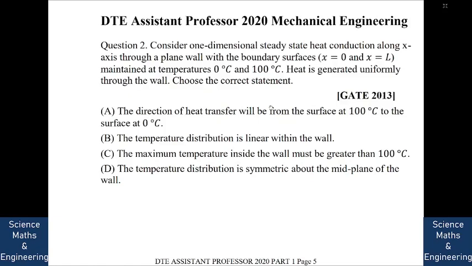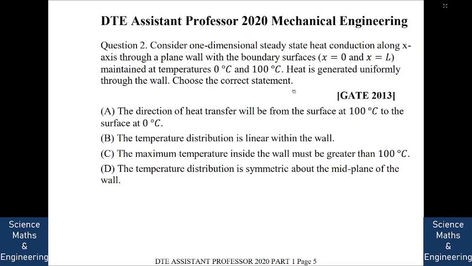Consider one-dimensional steady-state heat conduction along x-axis through a plane wall with the boundary surfaces x equal to 0 and x equal to L maintained at temperatures 0 degree centigrade and 100 degree centigrade. Heat is generated uniformly through the wall. Choose the correct statement. A. The direction of heat transfer will be from surface at 100 degree centigrade to the surface at 0 degree centigrade.